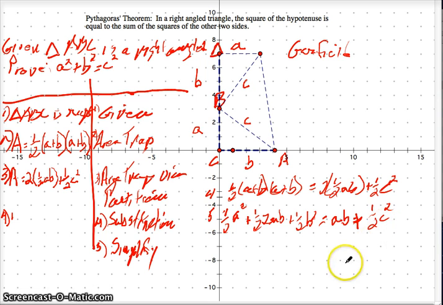All right, so step number 5, all I did was simplify the equation. Now, I'm going to subtract AB from both sides because this 2 and the 1 becomes 1 AB, so I subtract AB from both sides. So number 6 is going to look like 1/2 A squared plus 1/2 B squared is going to equal, that cancels out, 1/2 C squared.